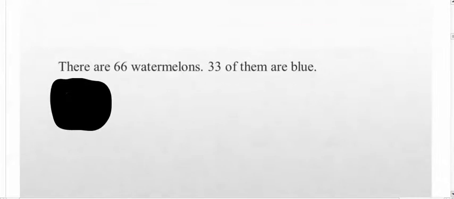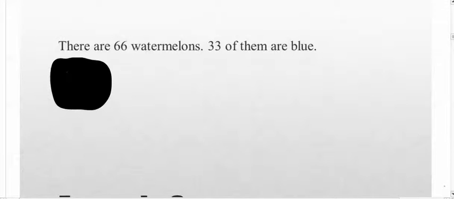The last problem we have is: there are 66 watermelons, 33 of them are blue. It's pretty much the same as the last problem. You just do 66 divided by 33, because it's watermelons to watermelons, and the color doesn't change that.